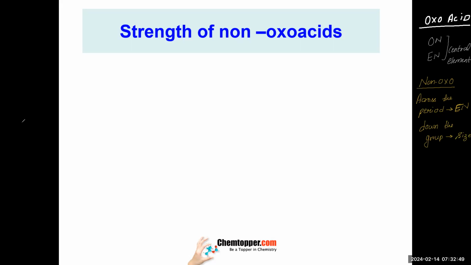Now, if I give you H2S and HCl, which one is stronger acid? These are non-oxo, without oxygen. So which one is stronger acid, H2S or HCl?